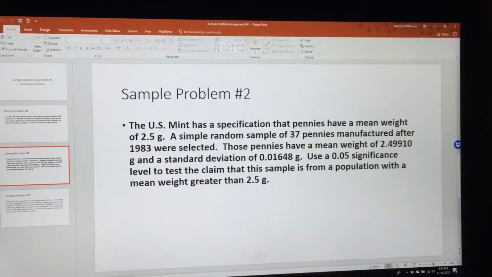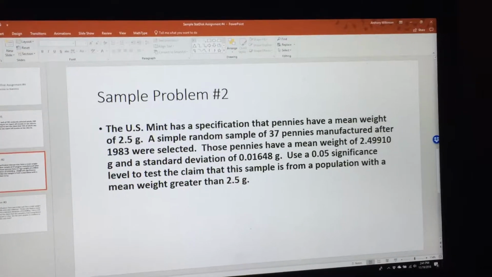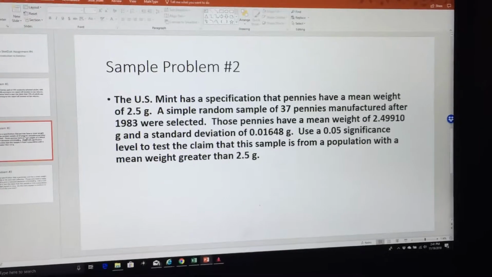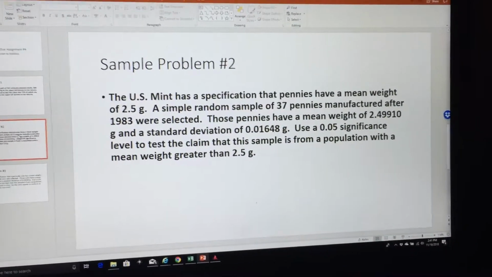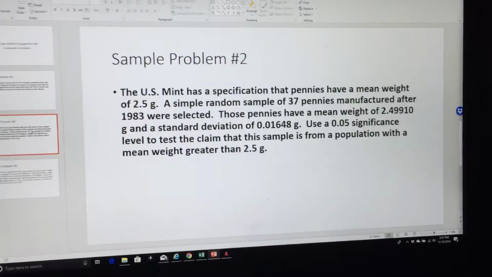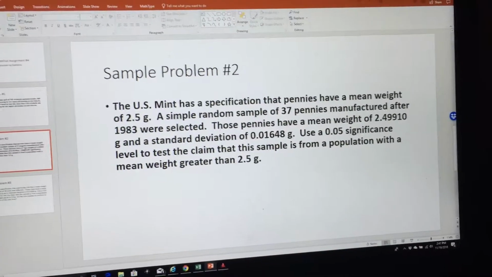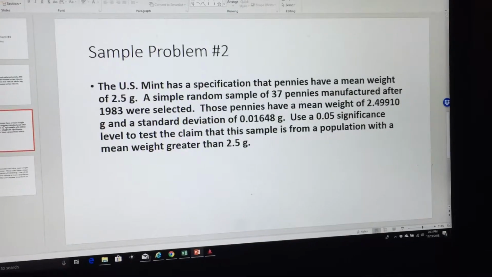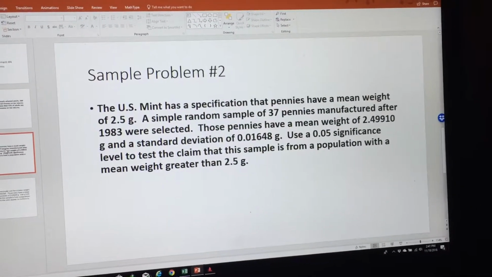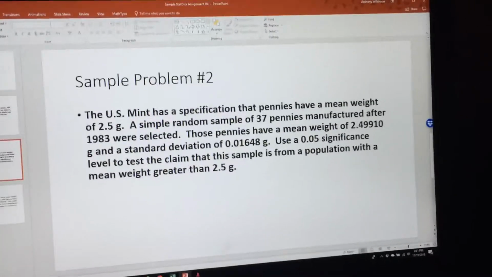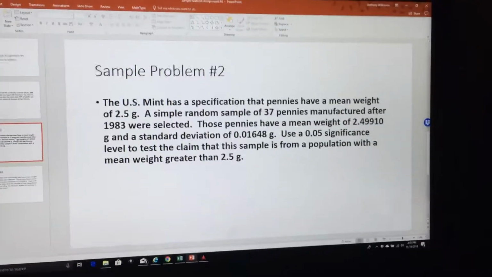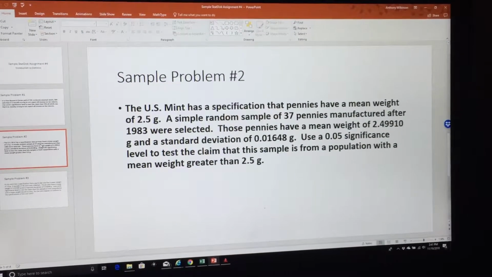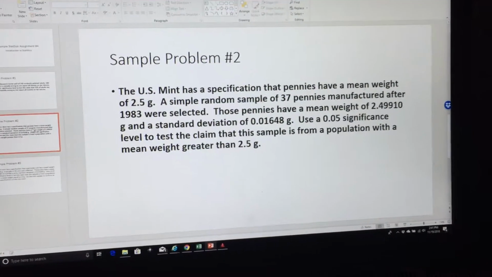Those pennies have a mean weight of 2.49910 grams and a standard deviation of 0.01648 grams. Use a 0.05 significance level to test the claim that the sample is from a population with a mean weight greater than 2.5 grams. Now, in this case we're given the mean and the standard deviation, so that tells me we're testing the claim about a population mean this time.